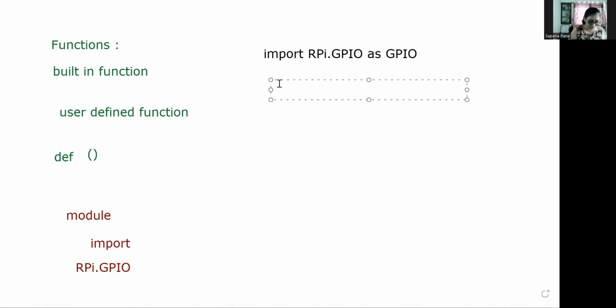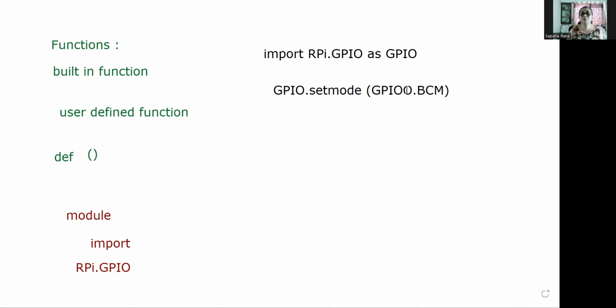For that, you write GPIO.setmode(GPIO.BCM). What is the meaning of BCM? GPIO is general purpose input output. This should be only one O, not two. So GPIO.BCM.